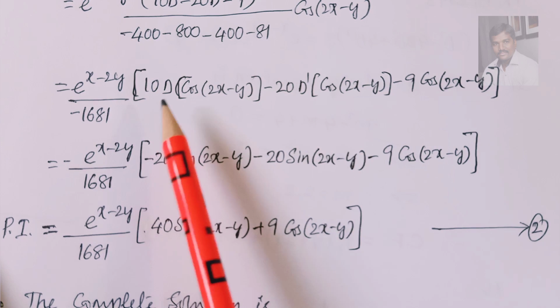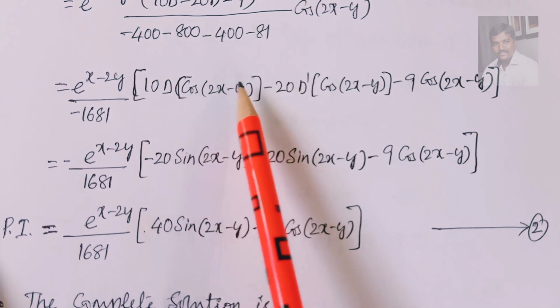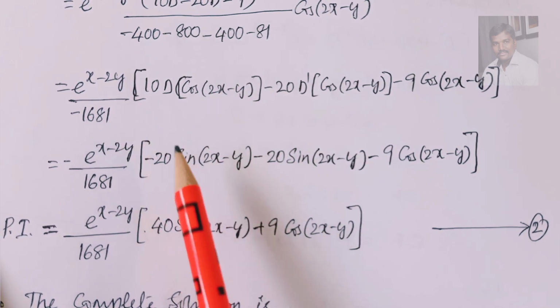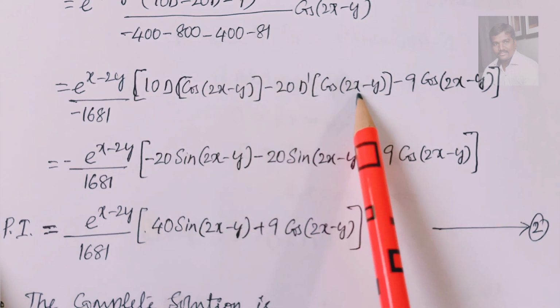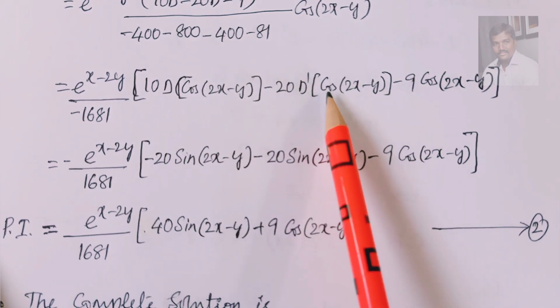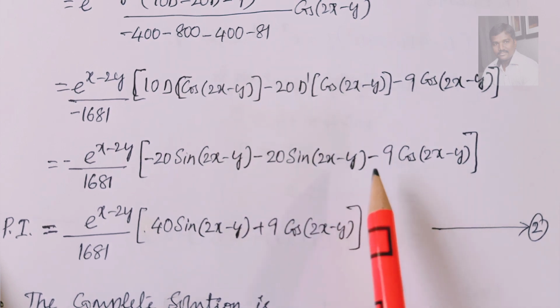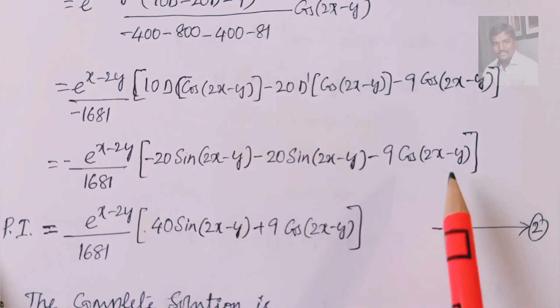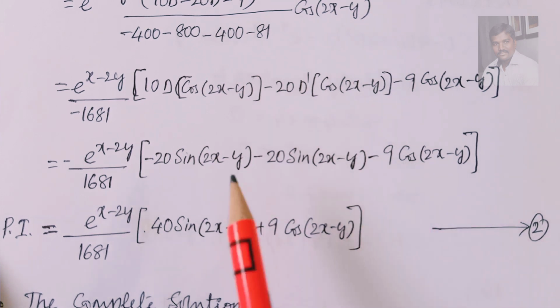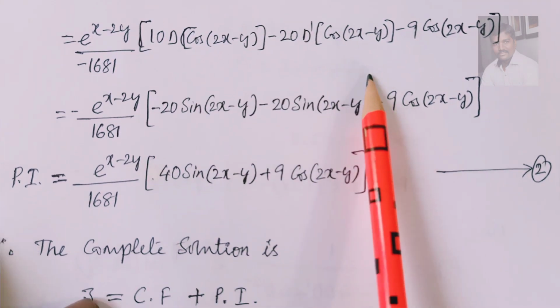The inner derivative of 2x − y with respect to x is 2, so that's why we are getting −20, and here the inner derivative is −1. The derivative of cos is −sin, so minus minus plus sin(2x − y), and here −9 cos(2x − y). Now simplifying this, you will get the particular integral.